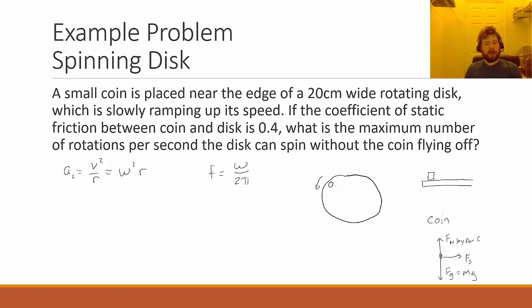So you can rewrite this in terms of the frequency as the frequency squared times the radial distance away the object is, divided by 4 pi squared.